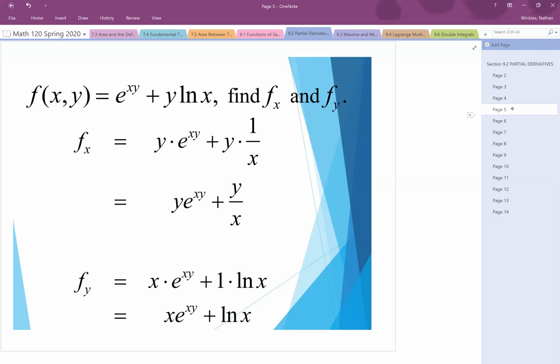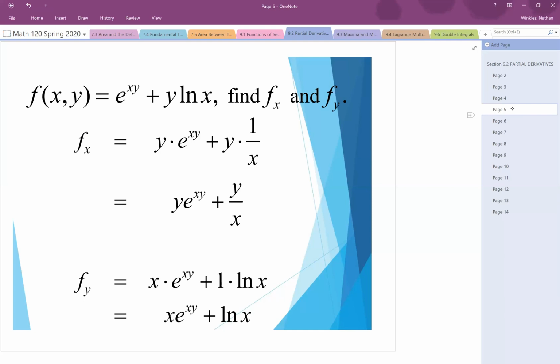So for the partial with respect to x, we take the derivative of that exponent of e with respect to x, which is just going to be y times my original e to the xy, plus, since y is a constant in the second term, y times the derivative of ln x, which is 1 over x. So if we simplify that, we get y e to the xy plus y over x.